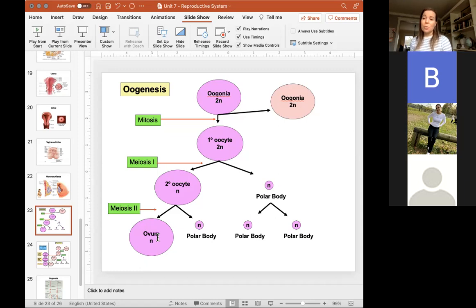And that takes at least a week. So it's not going to get any nutrients from the mother until it gets into the uterus and implants itself and blood vessels grow and you have the formation of the umbilical cord and everything like that. So in that time in between, you have to ensure that the oocyte, or now it would be called the mature ovum, has plenty of nutrients to survive until that time. So that's why you have this unequal cell division.